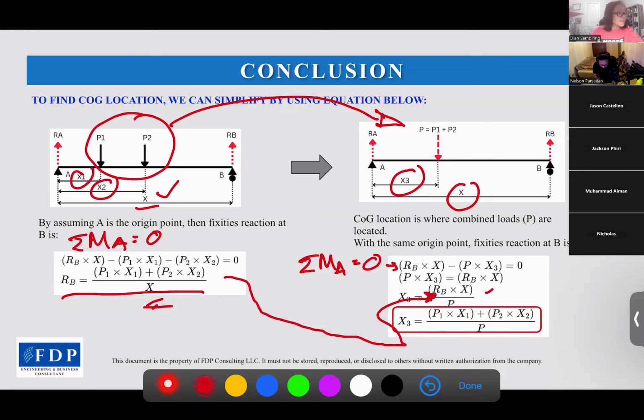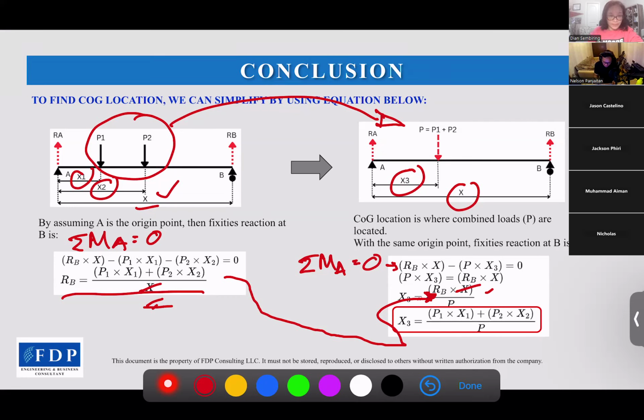We remove the x, so we have remaining P1 times x1 plus P2 times x2 divided by the total load. That's the formula that we can use to calculate the COG for all cases.